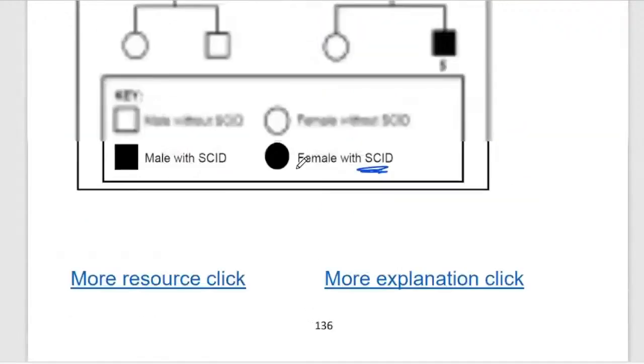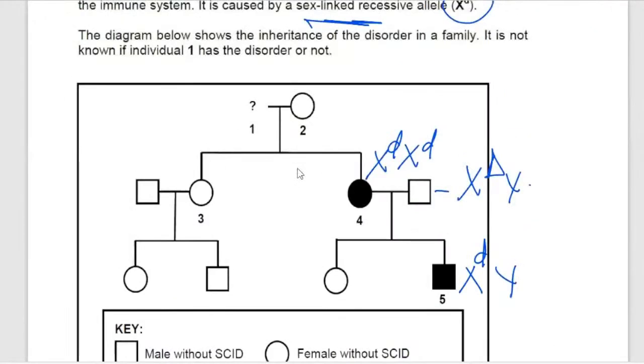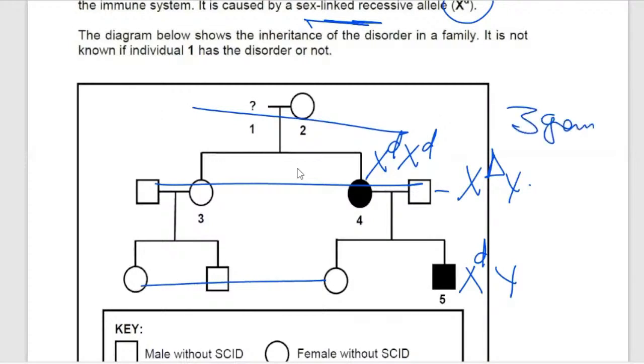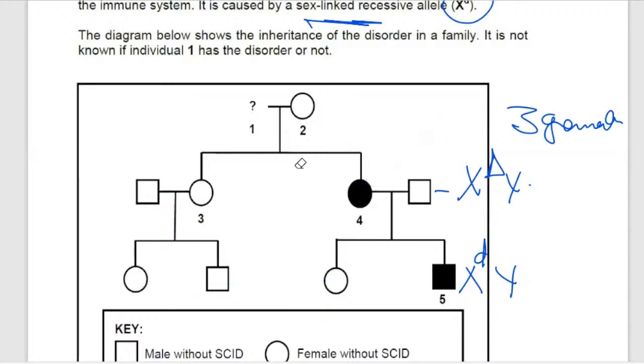Now, let me go to the questions and see how many generations are shown here. It's 1, it's 2, it's 3. So there are 3 generations. Listen carefully, how many kids are sons of 1 and 2? 0.